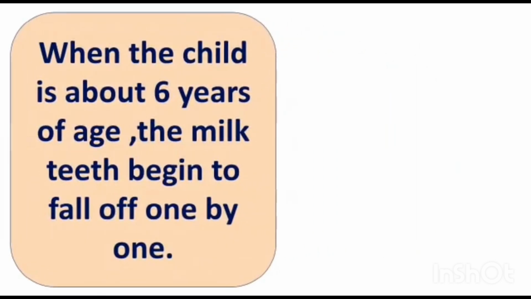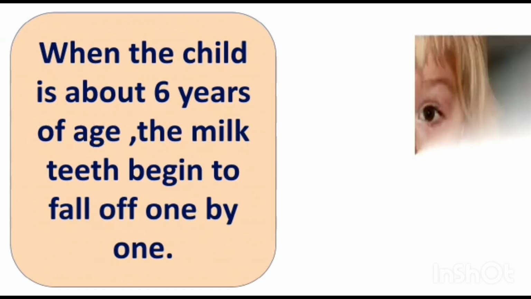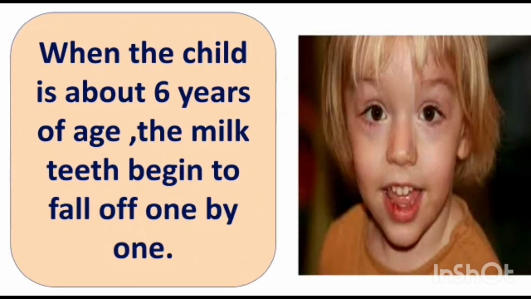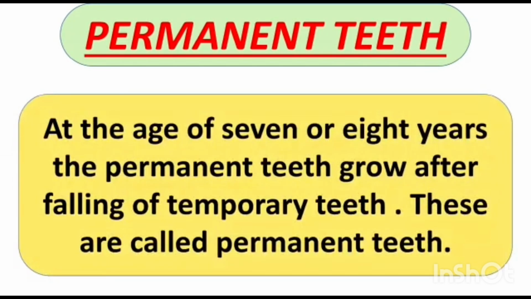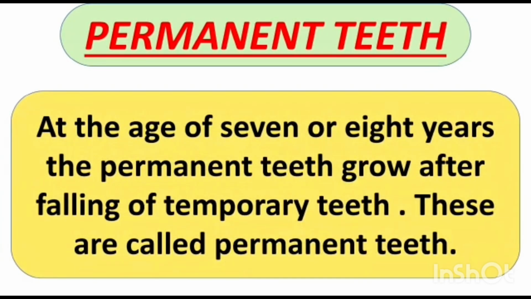When the child is about 6 years of age, the milk teeth begin to fall off one by one. Now permanent teeth. At the age of 7 or 8 years, the permanent teeth grow after the temporary teeth fall off.